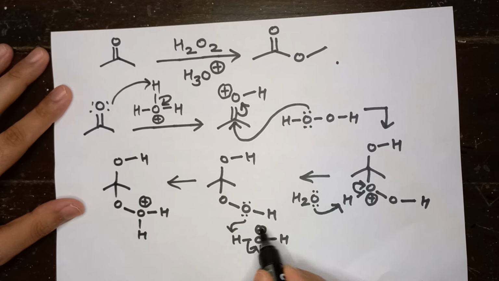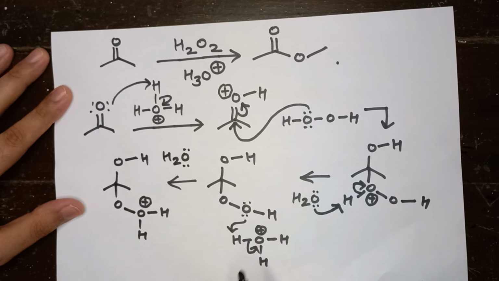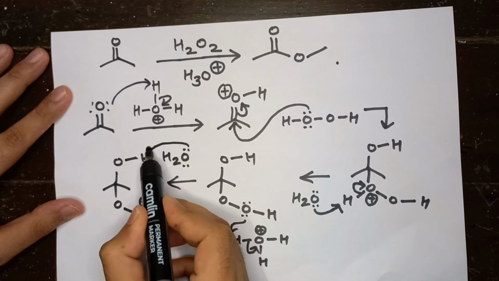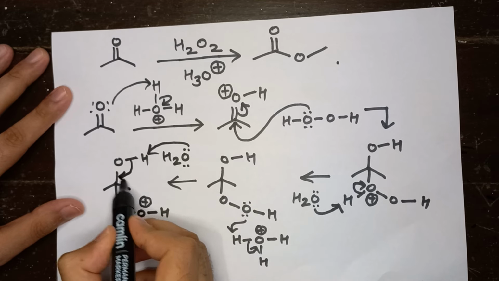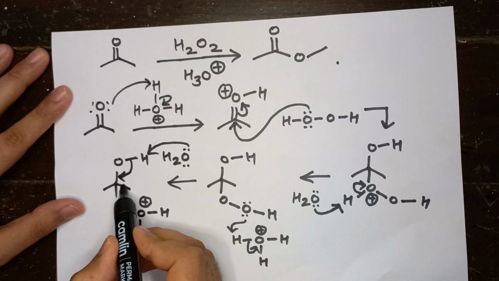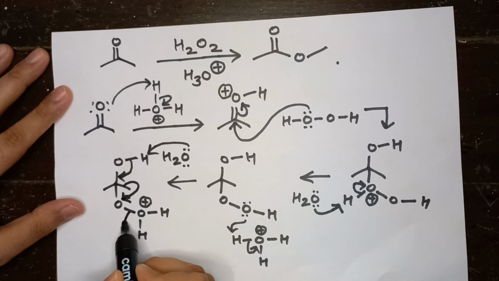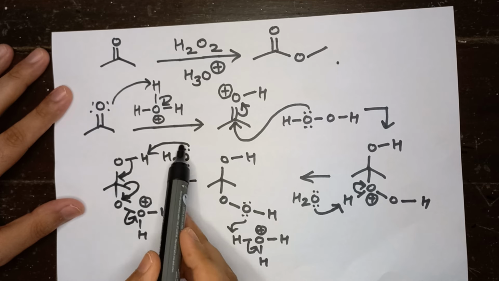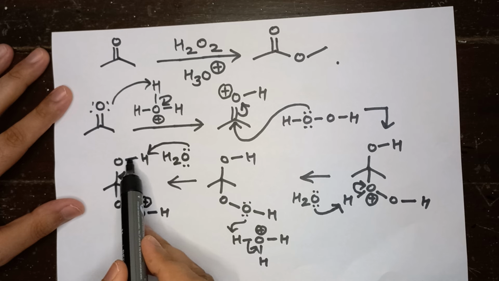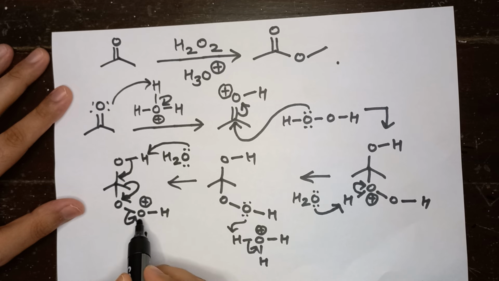So whatever water molecule just left will come back, can take this proton. This bond will form a double bond here, and this methyl group will migrate to oxygen and will eliminate a water molecule. So this is a key step.